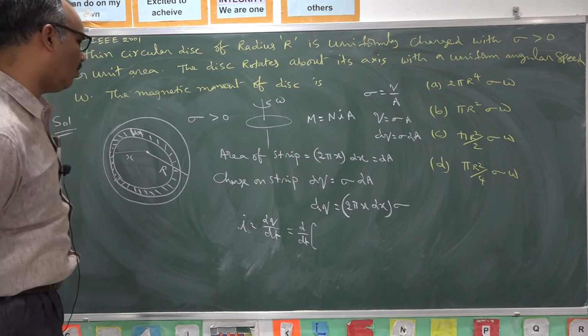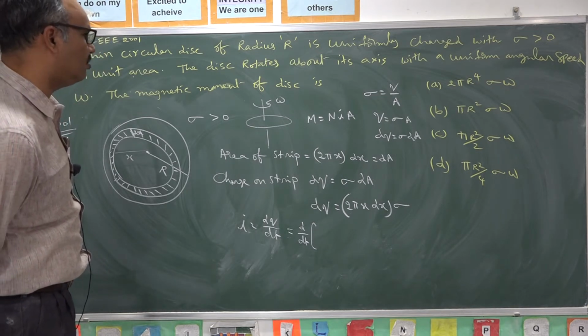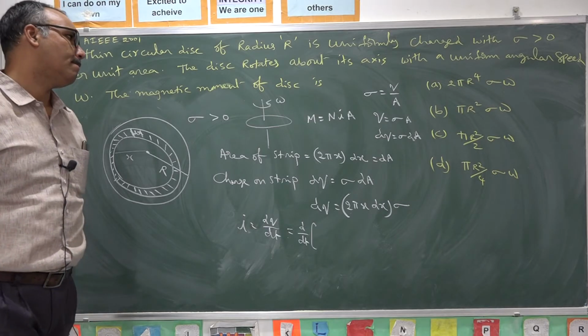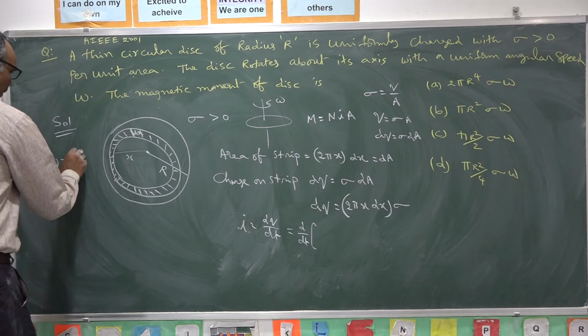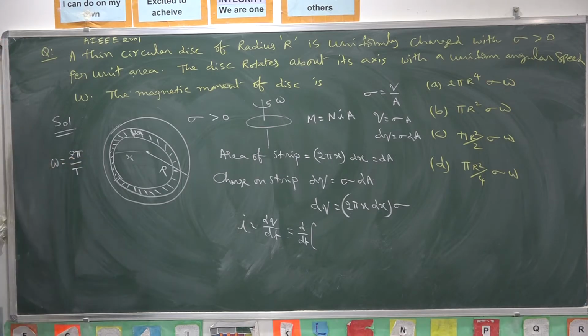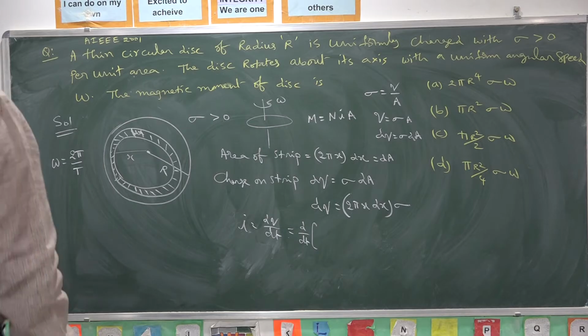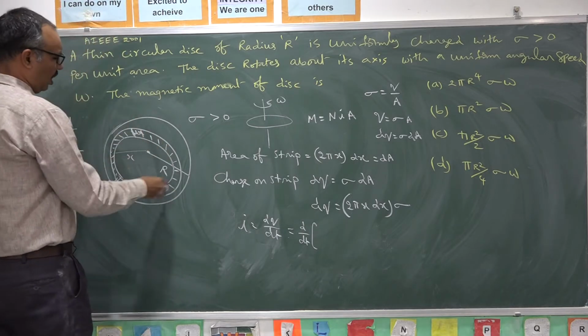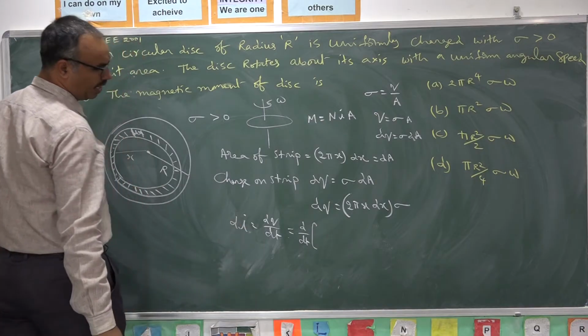If I take only one revolution, then the time taken is the time period, since omega means 2 pi by time period. Here current is due to the motion of the charge available on the elementary ring, so it is also a small current.